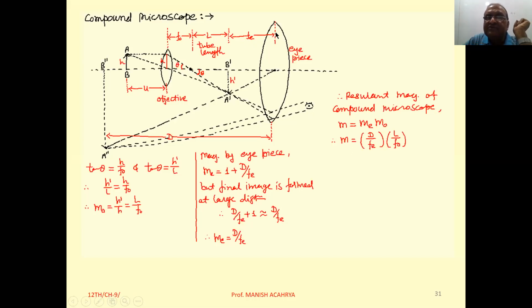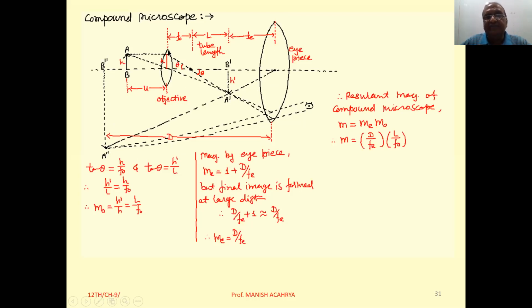So the adjustment of the eyepiece is done such that the image formed is very close to this first focal point. Then the final image will be formed by this eyepiece towards the object. A dash B dash is the object for it, so on the same side, A double dash B double dash magnified image will be formed. And suppose that magnified image is formed at capital D distance, right?